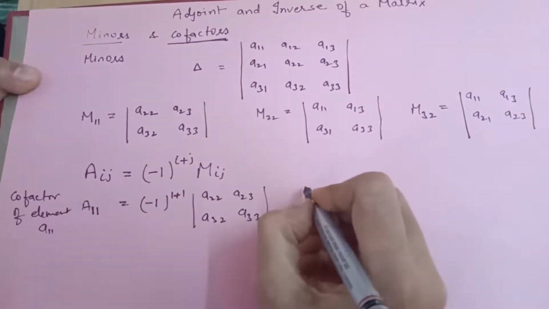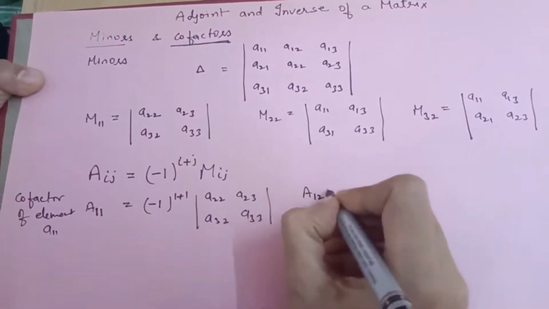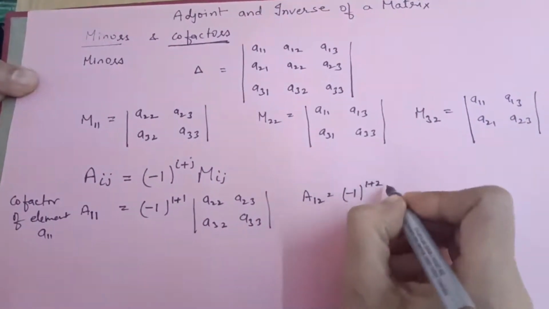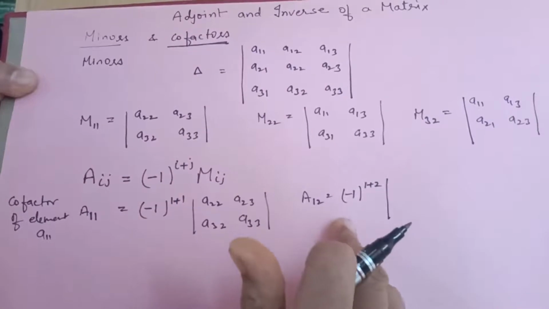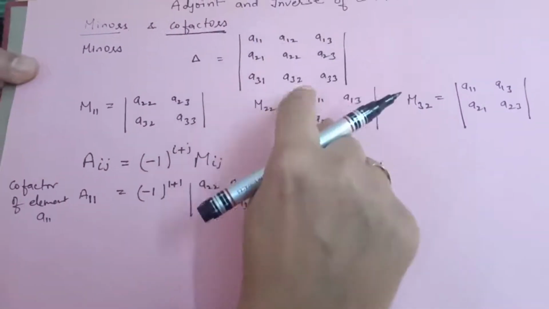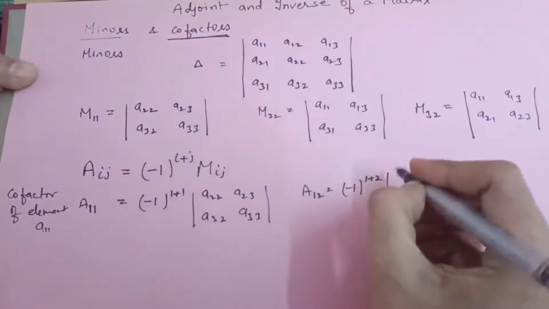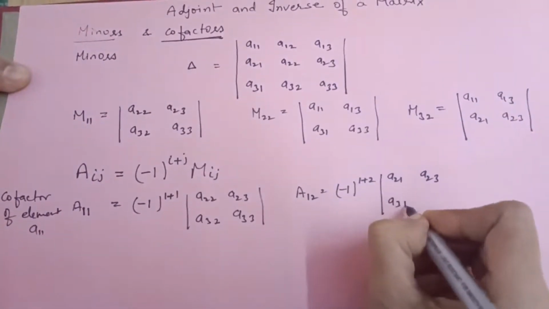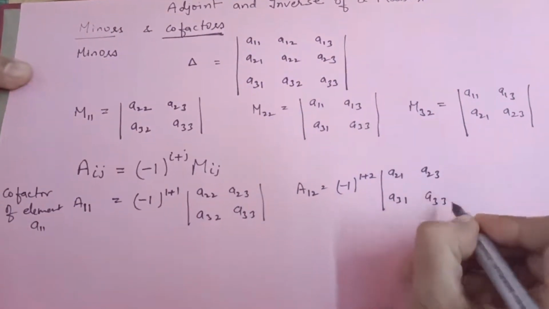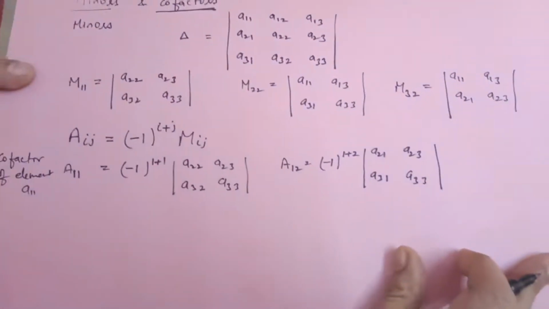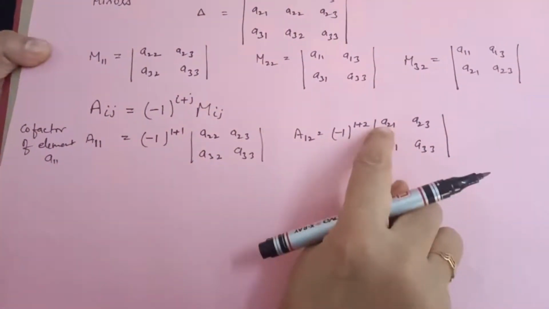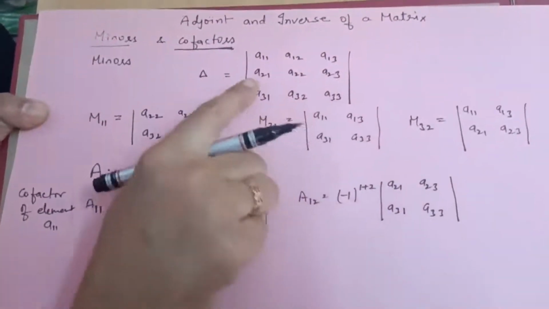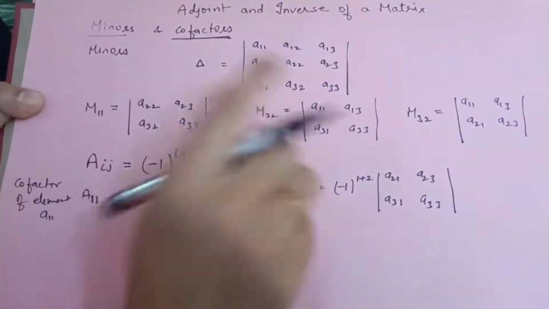Similarly, I can get the cofactor of element A12. It will be (-1) to the power 1 plus 2, and the determinant is found by deleting the first row and second column, giving A21, A23, A31, A33.